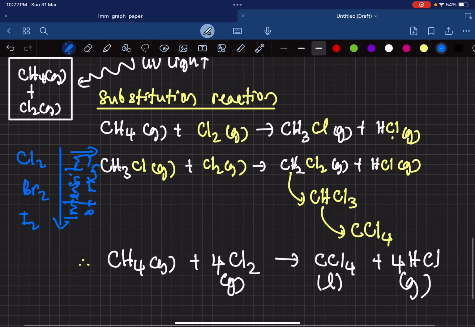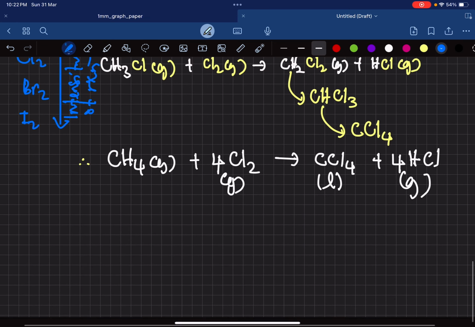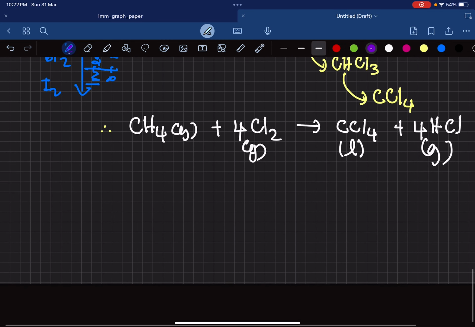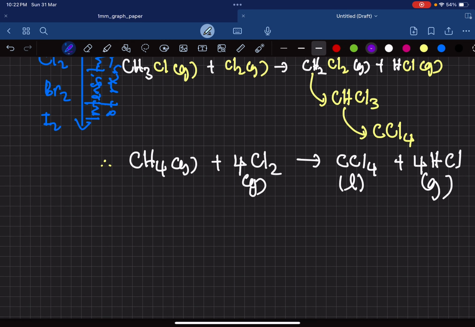So that brings us towards the end here. So if we take the first substituted product, that means we just take this one, this is a mono substitution. So let's say we take CH3Cl. This is called chloromethane.